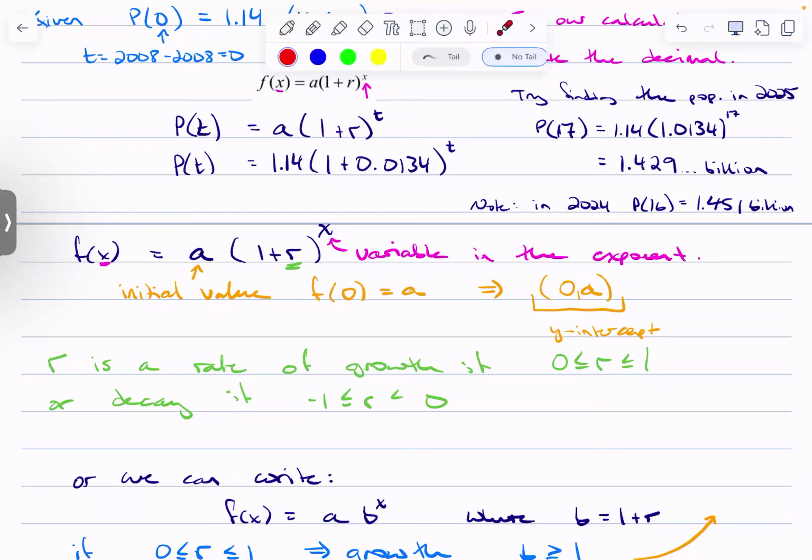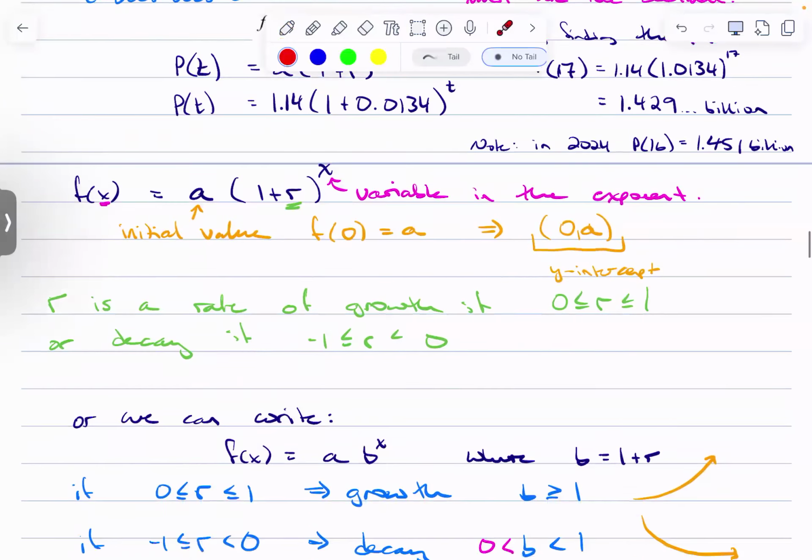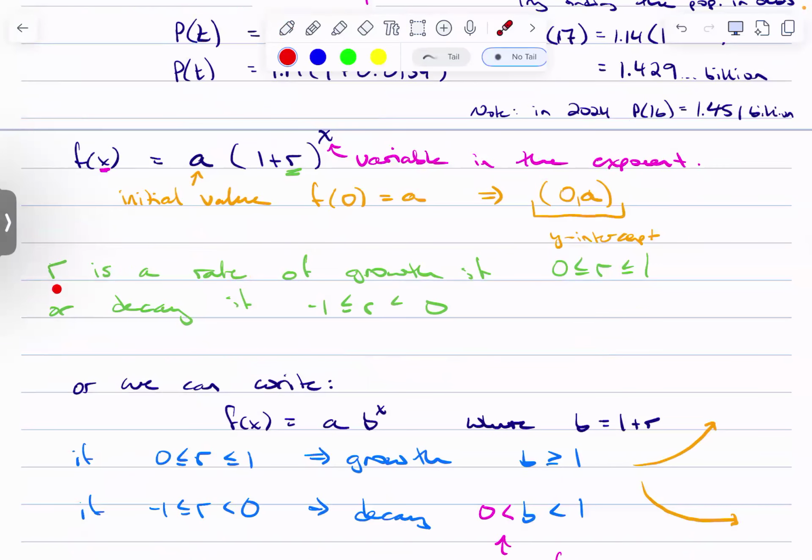We've got our r, and then the variable is in the exponent, which we've already talked about, making it an exponential function. Now r, right here, is a rate of growth if r is between 0 and 1. Percentages are between 0 and 100, and so converting to a decimal, it's between 0 and 1.